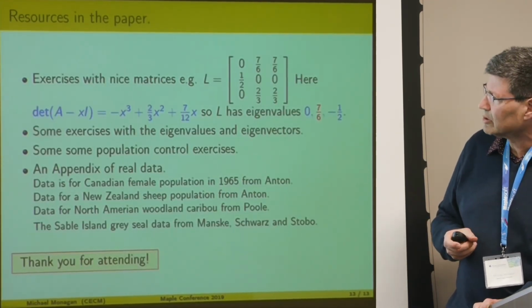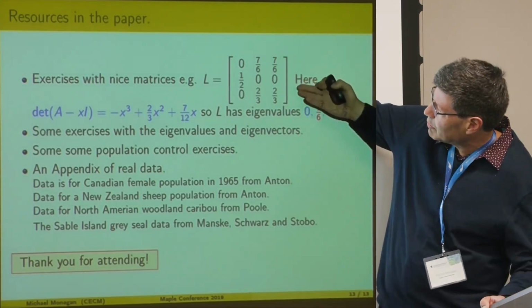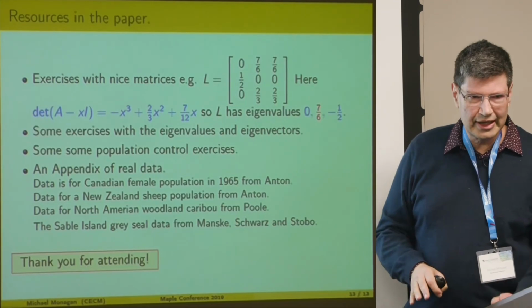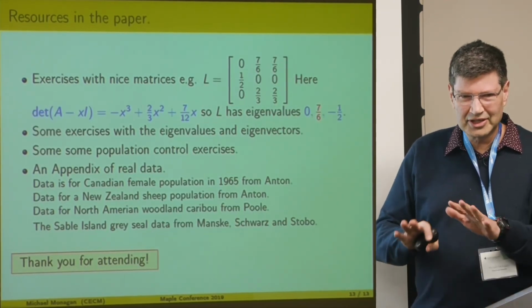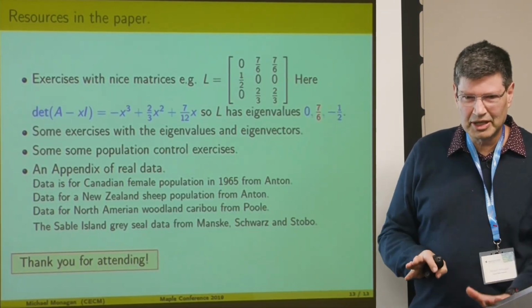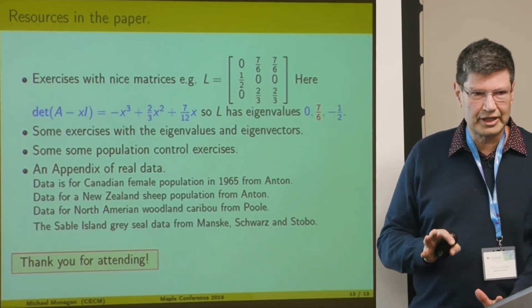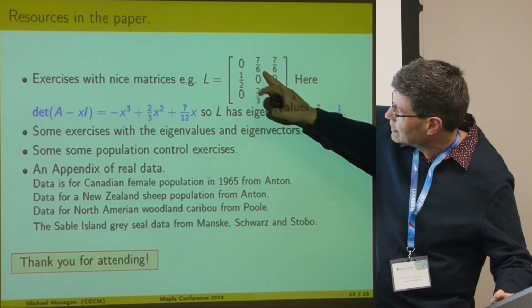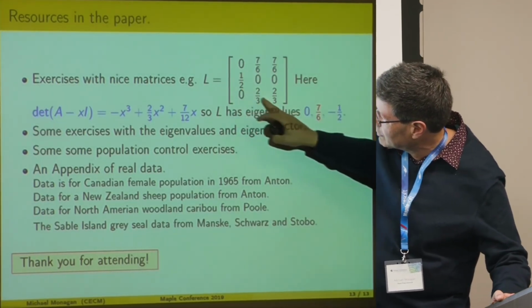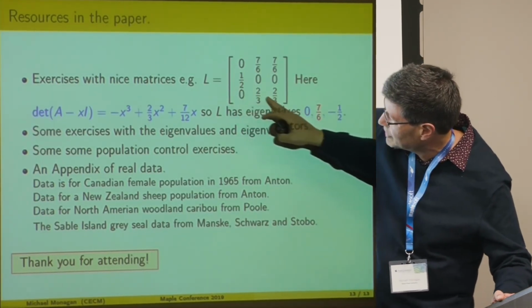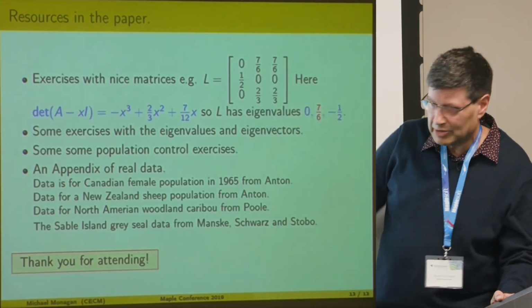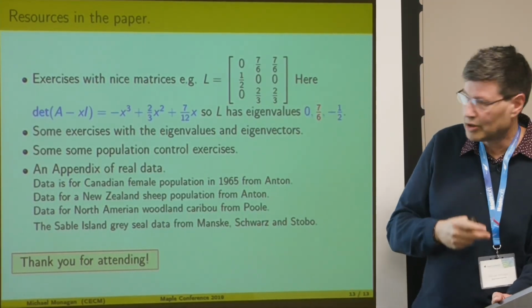In the paper, here is an example of a Leslie matrix, which I got by trial and error, basically some experiments in Maple, but I don't have an algorithm for getting it, but I'd like one. So I want a Leslie matrix. The survival rates have to be between 0 and 1, and the fertility rates have to be reasonable. They're constrained, they have to be positive.